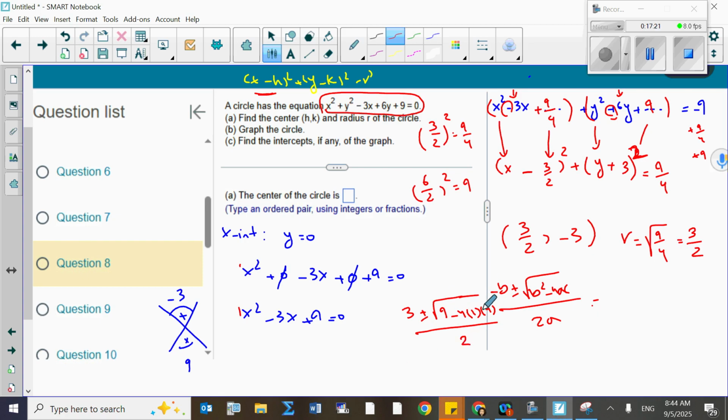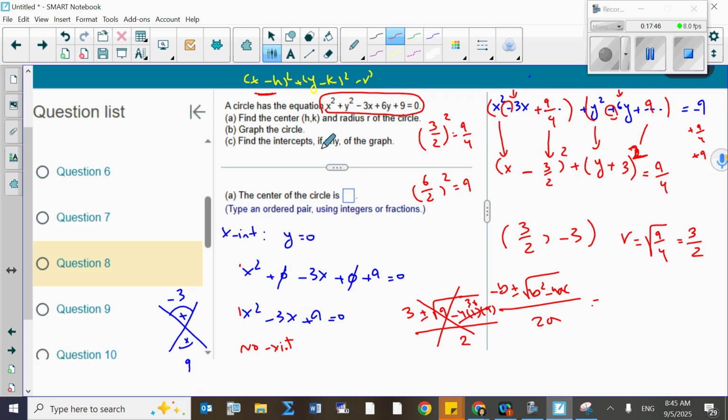Now, on the radical, this will be 36. 9 minus 36 is a negative number. So if the radical is negative, that means we cannot solve this equation. So there is no solution for this. That means there is no x-intercept. Okay, so we don't have any x-intercept.